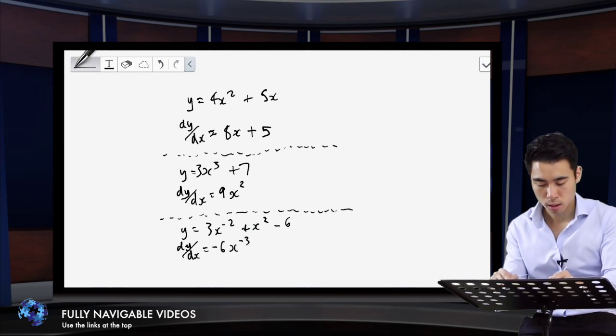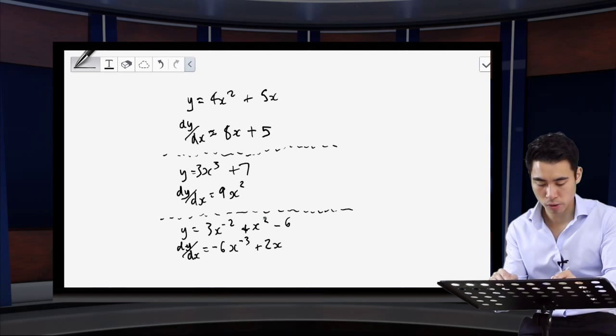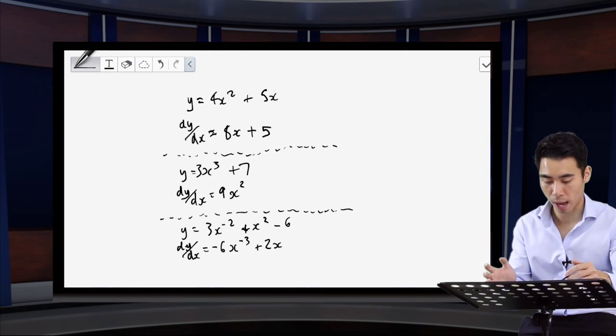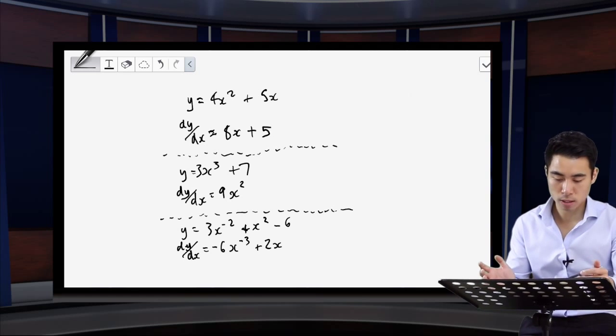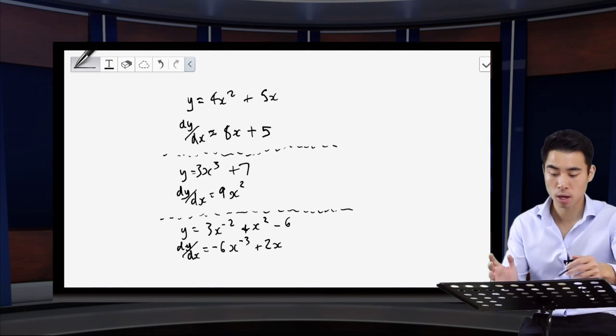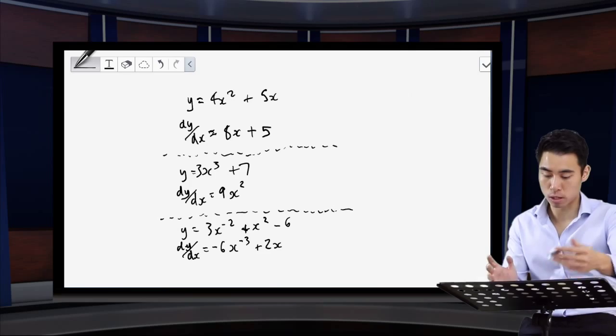Looking at the second term, bring this 2 to the front, this will be plus 2x, so decreasing this power by 1 here, a 2 becomes a 1, don't need to write that 1 up there, it's just the same. And then differentiating my constant term here, minus 6, just disappears. That differentiates away to 0, so I can just leave it like that. But the important thing to notice here is that when you have multiple terms added or subtracted from one another, all you're going to do is differentiate each of those terms one by one.